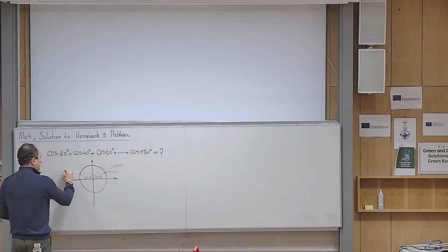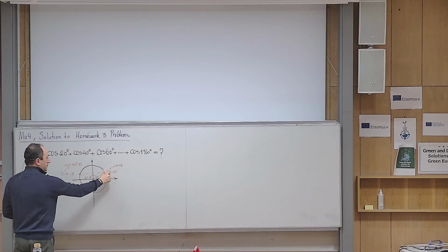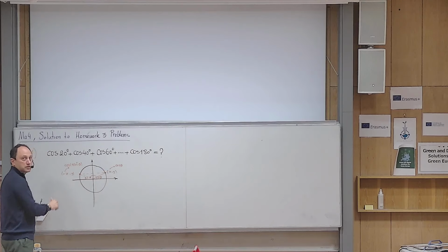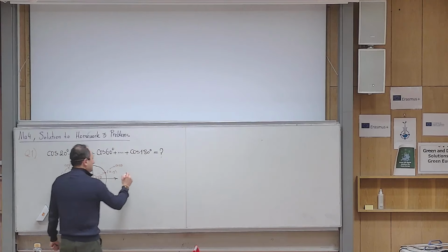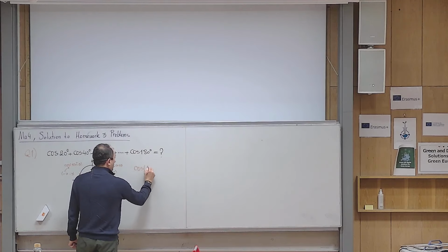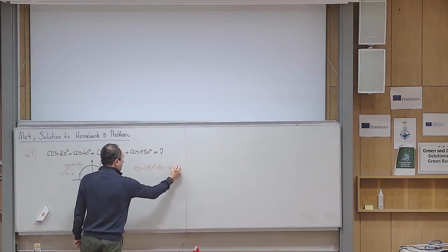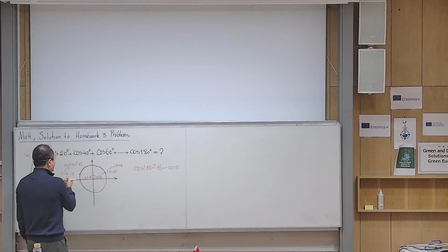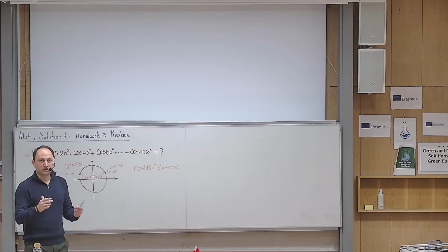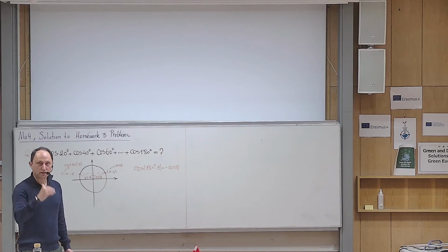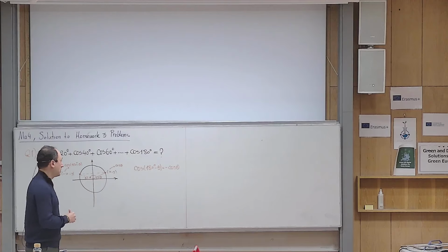The x-coordinate of this point, corresponding to angle 180 degrees minus theta, is cosine of 180 degrees minus theta. One of them is x, the other one is minus x, so these are opposite. So cosine of 180 degrees minus theta is minus cosine theta. Of course, you immediately see that the sines are the same. And if the sines are the same and cosines are opposite, when I divide them, tangents also become opposite.